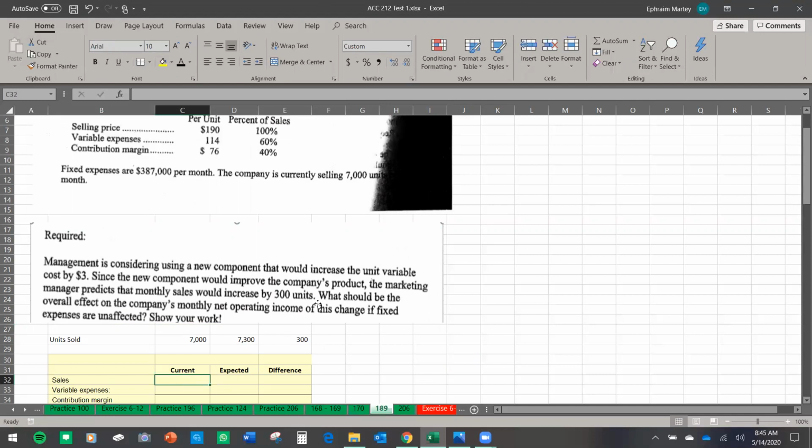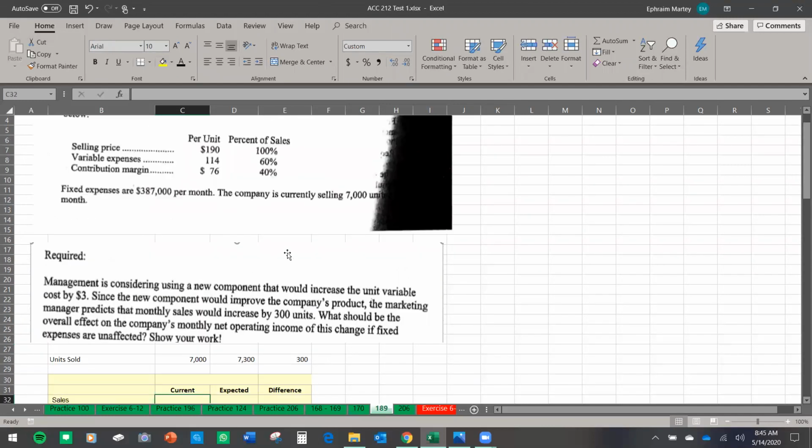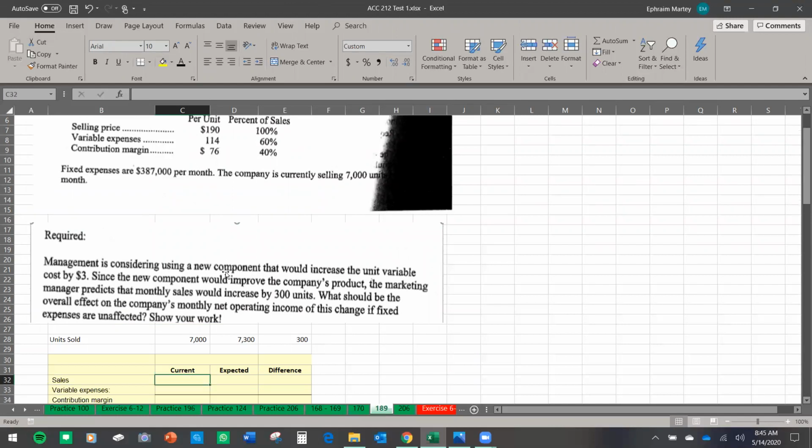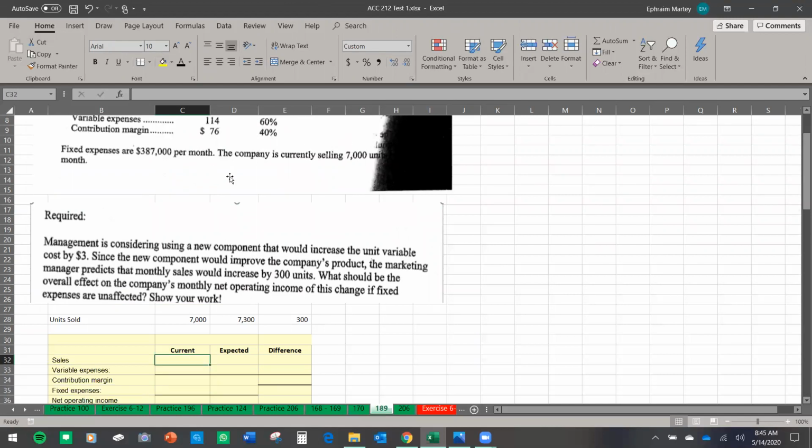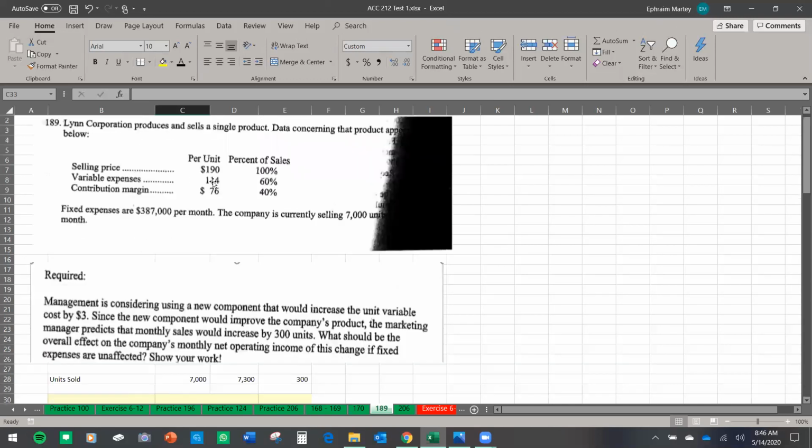So what do we have now from this exercise? We have our current one as 190 times 7,000 units. The 190 selling price multiplied by 7,000 units gives us 1,330. What is our variable cost for our current one?